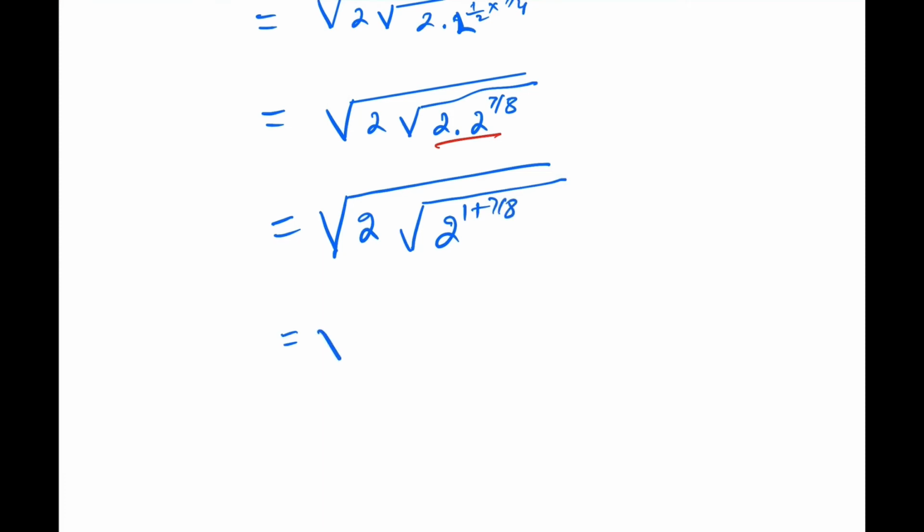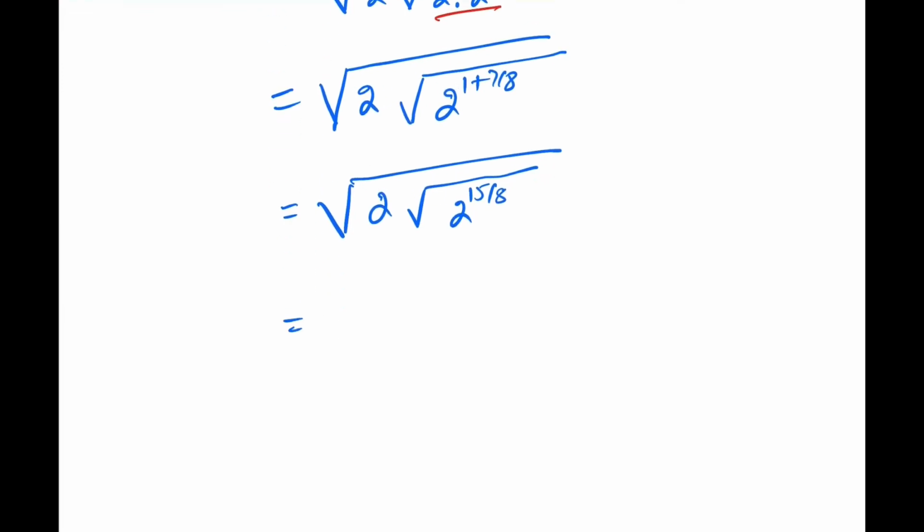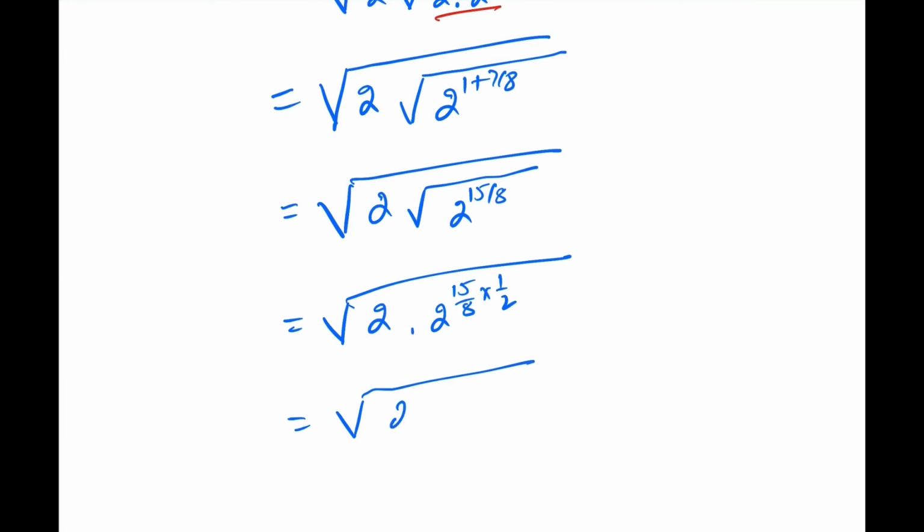So this is equal to under the root 2 under the root 2 raised to the power 15 by 8. Now this is equal to under the root 2 into 2 raised to the power 15 by 8 into 1 by 2. So this is equal to under the root 2 into 2 raised to the power 15 upon 16.